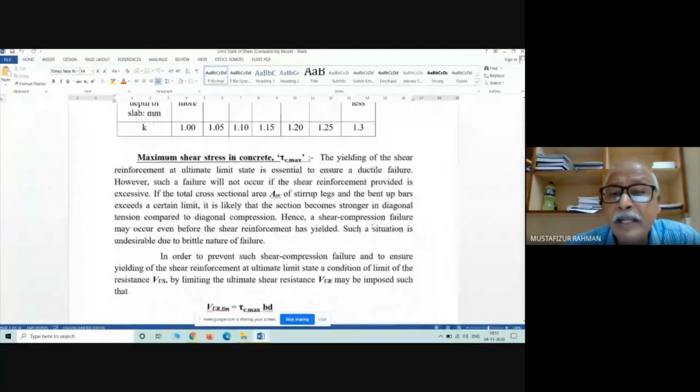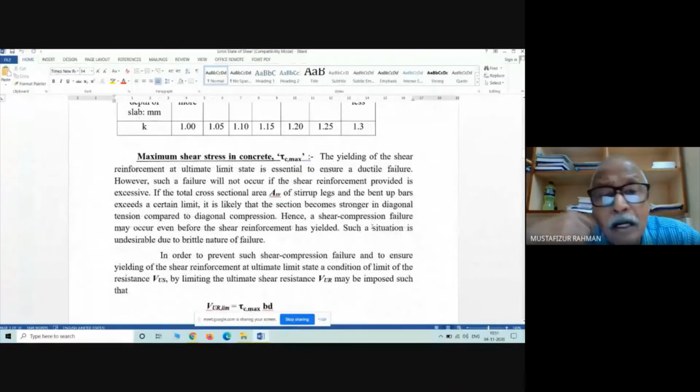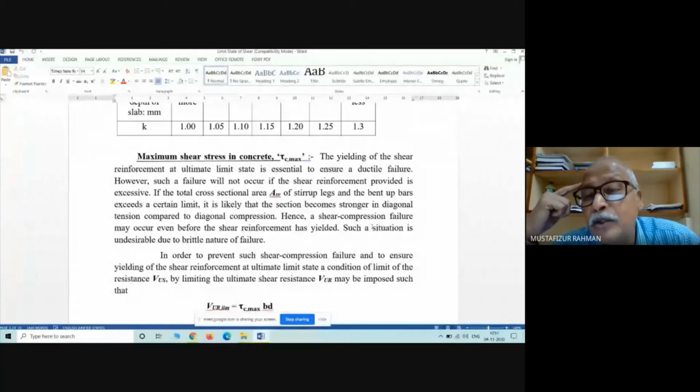So here I am writing. The yielding of the shear reinforcement at ultimate limit state is essential to ensure a ductile failure. However, such a failure will not occur if the shear reinforcement provided is excessive.